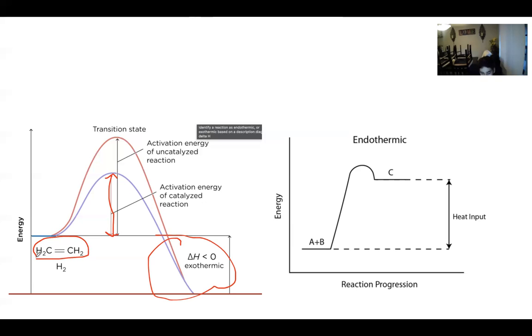Breaking bonds takes energy, forming them releases it. I hope that makes sense.